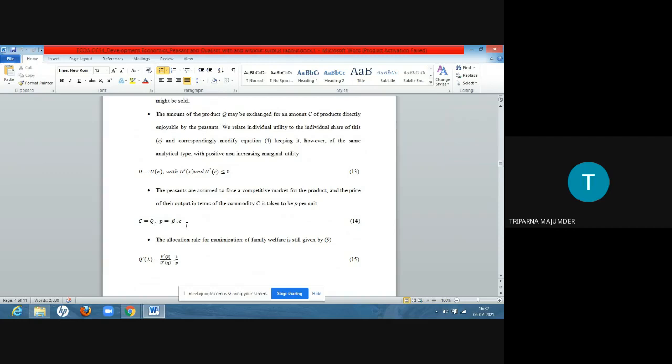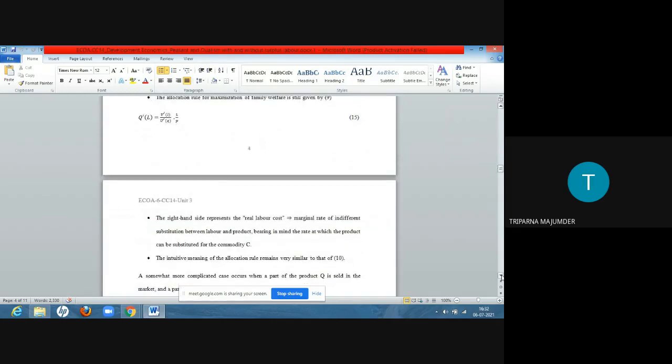The allocation rule for maximization of all family welfare is still given by equation 9, and we have a slightly modified nature of the equilibrium condition obtained in equation 10.